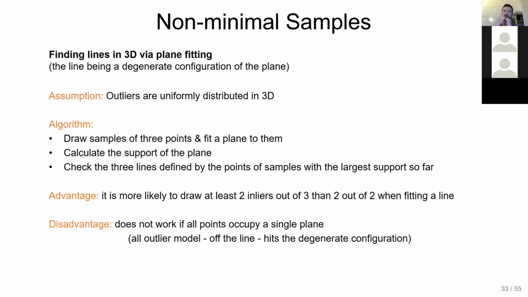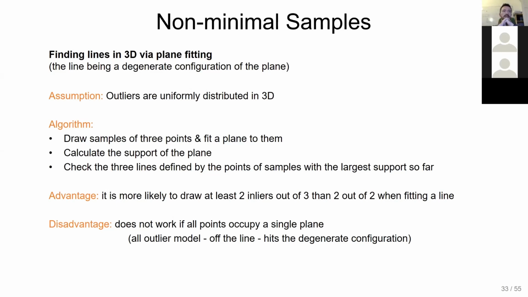So what is the advantage of this? If you are sampling 2 points, you need both of them to lie on the line in order to find the line. If you are sampling 3 points, then if at least 2 points out of those 3 are on the line, then the whole system finds the line. So the probability that you take 2 out of 3 is much higher than that you will take 2 out of 2. The problem is if all the points occupy in your space only a plane.